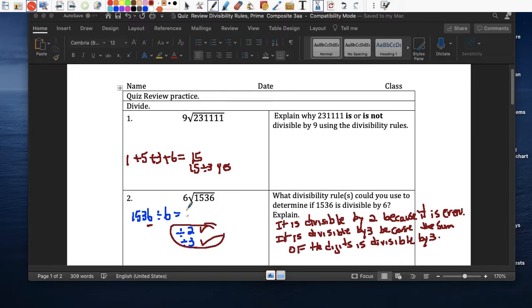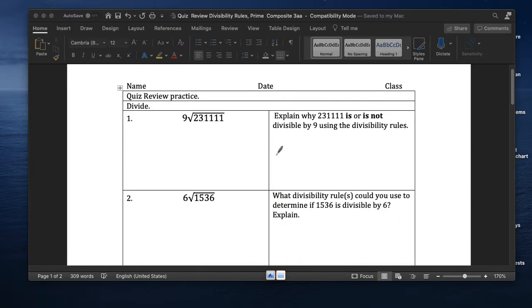So if it's divisible by 2 and 3, then yes, it's going to work for 6. It's divisible by 2 because it's even, and by 3 because the sum of the digits is divisible by 3. Isn't 6 the same thing as 2 times 3? So let's move on.